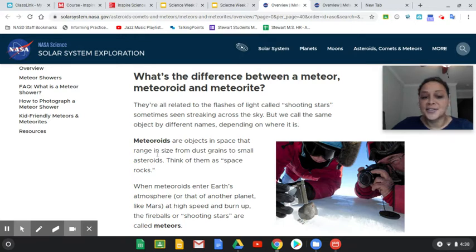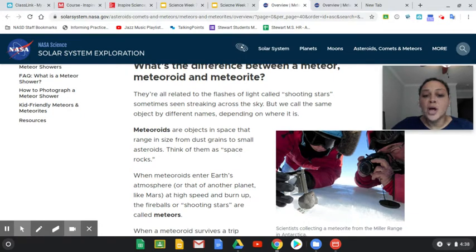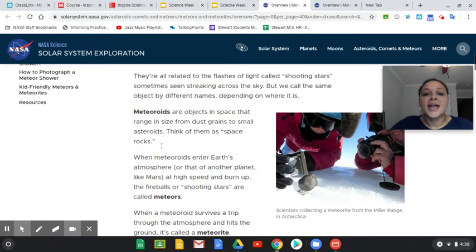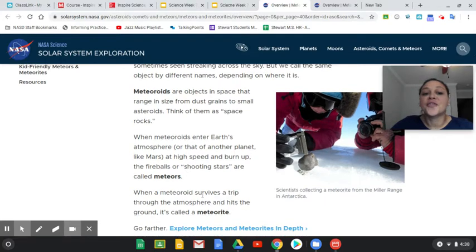When meteoroids enter Earth's atmosphere at high speed and burn up, the fireballs or shooting stars are called meteors. If you've ever seen a meteor shower, that's what you're seeing. Those are meteors. And when a meteoroid survives the trip through the atmosphere, which is very unlikely because of our thick atmosphere, and actually hits the ground, it's called a meteorite.